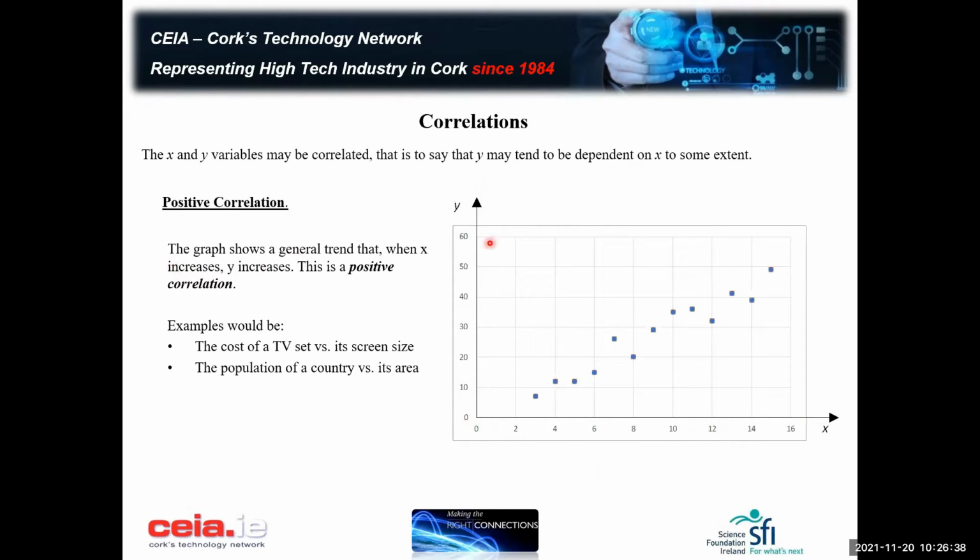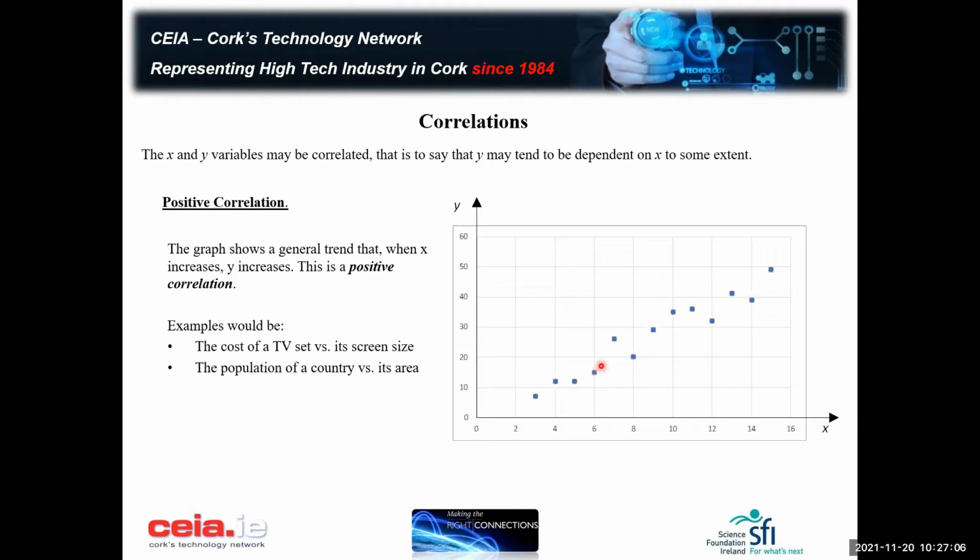And we show a case here of a positive correlation, where there's a tendency as x increases for y to increase. That's called a positive correlation. It doesn't mean that y increases every time that x increases. You can see a particular case here: if you go from there to there, y actually decreases for an increase in x.